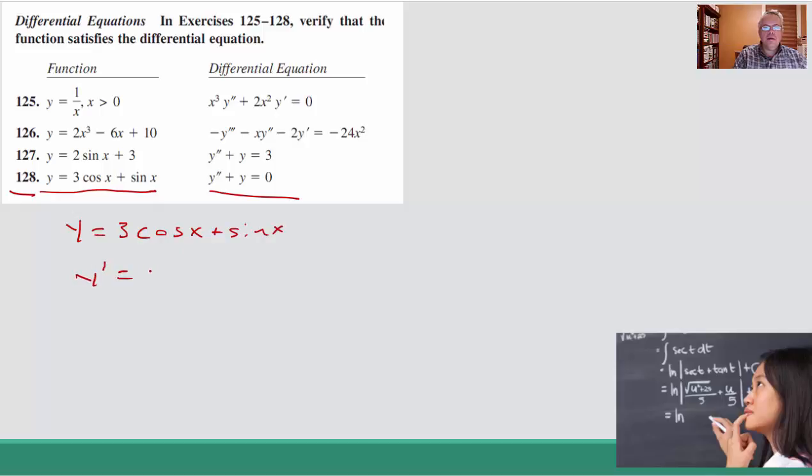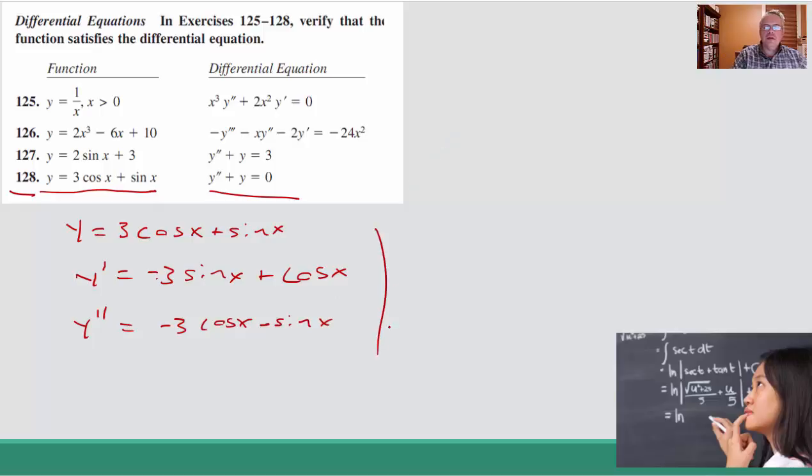Y prime would be minus 3 sine of x, because the derivative of cosine x is minus the sine of x. And the derivative of sine of x is cosine x. That's the first derivative. Y double prime would be minus 3 cosine x minus sine of x.